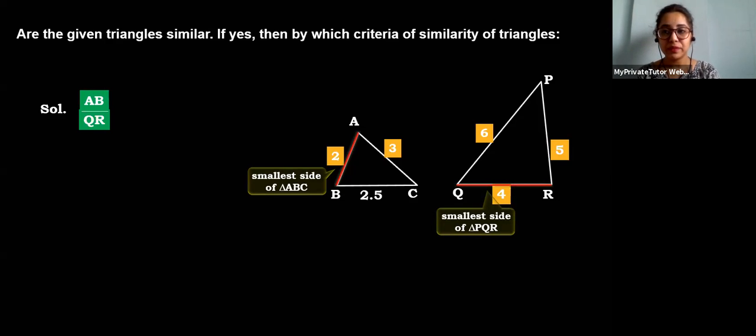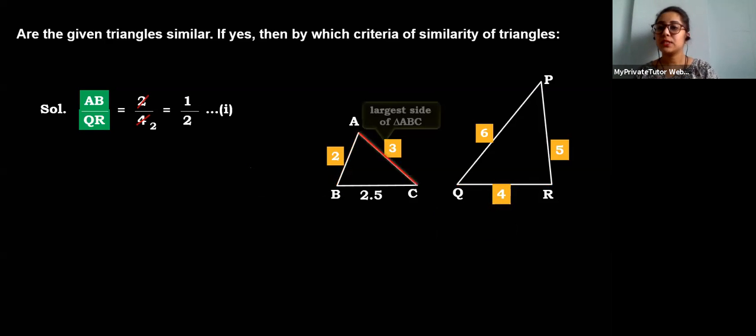What we are doing first is checking whether all the sides are in proportion, that is, whether they have the same ratio or not. So that is 2 by 4. Now both of them get cancelled. What will it be? 1 by 2. This is the first thing.